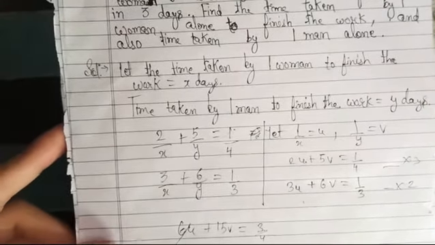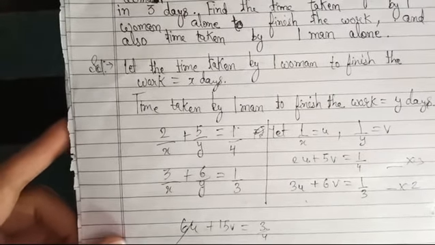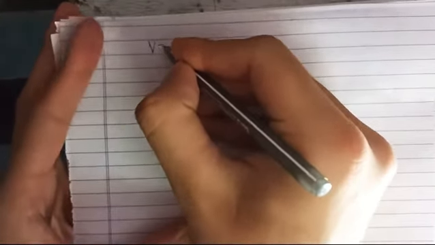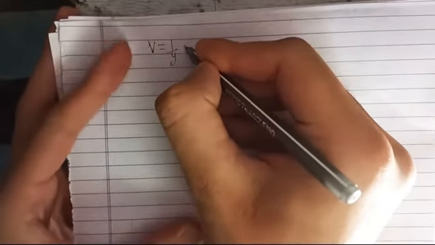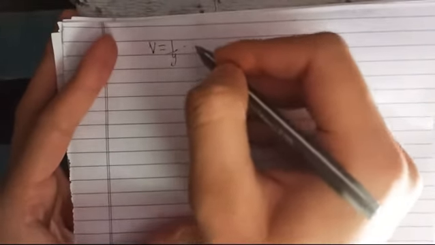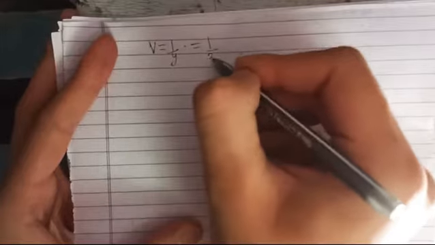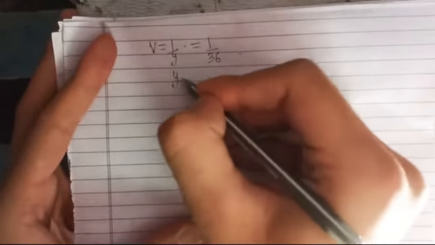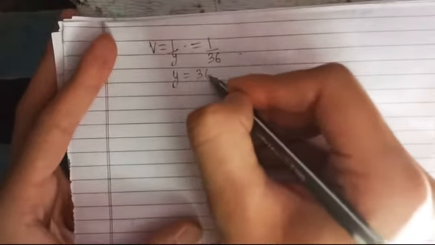Now since v is equal to 1 upon y, and we have got 1 upon 36, taking reciprocal, y is equal to 36.